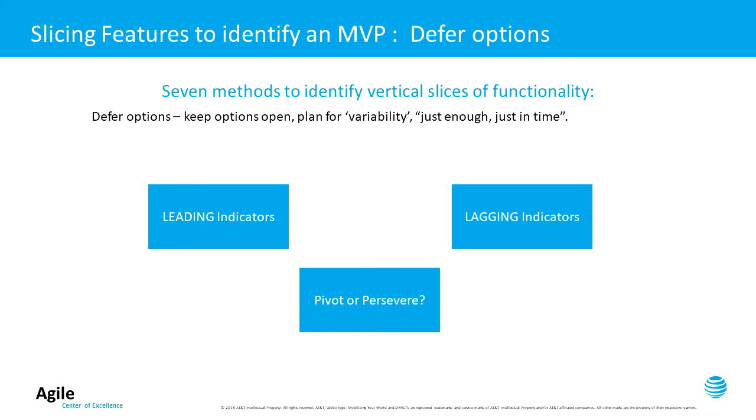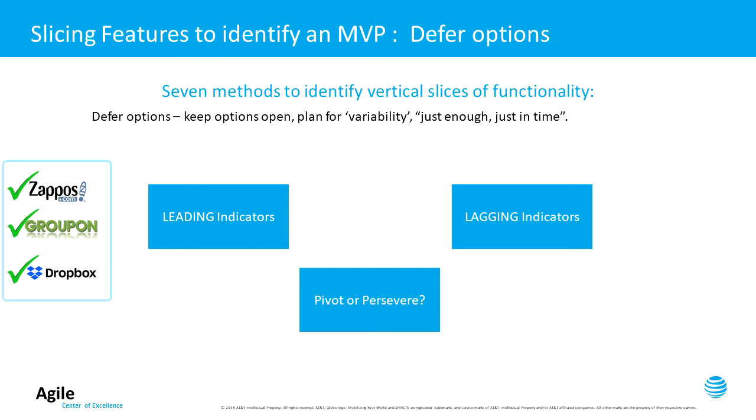Let's look at whether our 3 MVP examples applied the defer options principle. We already saw from the 80-20 rule, or the biggest bang for the buck, that both Dropbox and Zappos deferred some options, deferred some enhancements to their product in order to get the product out the door or to test the market. But now let's think about leading and lagging indicators. Zappos certainly used the leading indicator. They needed to have some cooperating retail stores that would allow them to take photos. Without that ability, their business model falls apart.